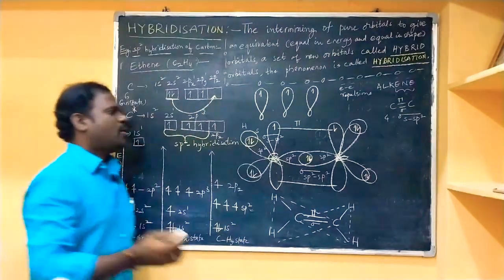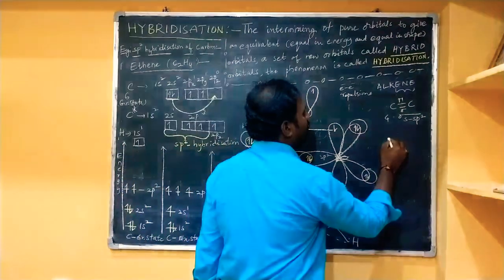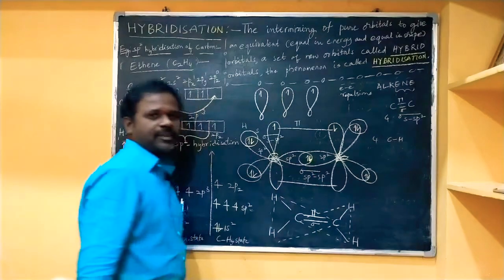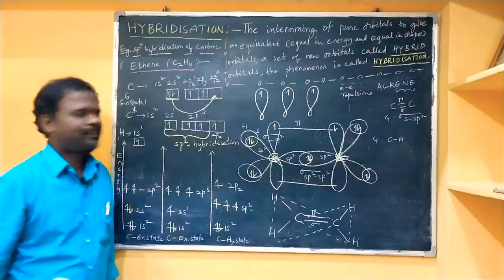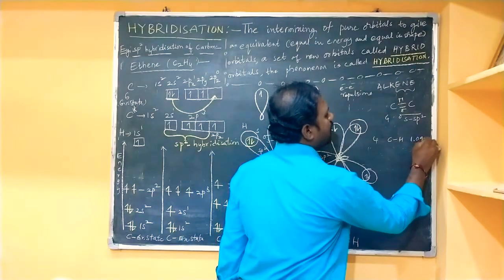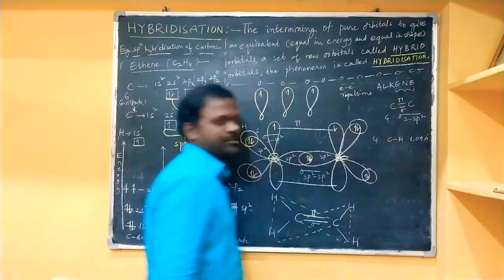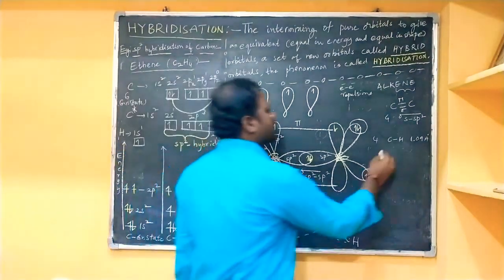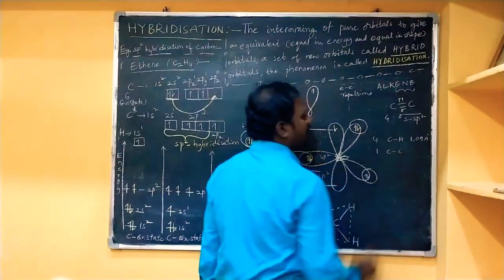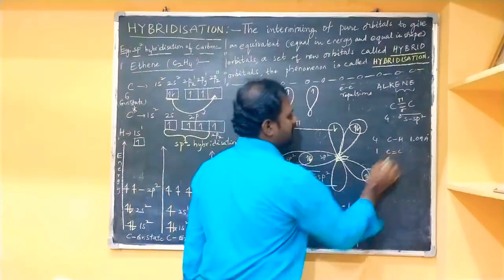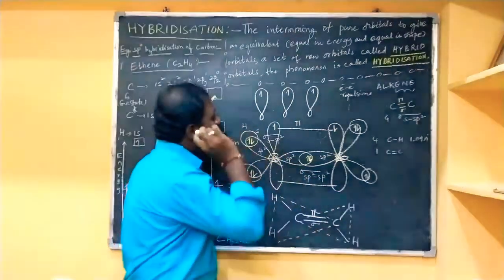What is the bond length? Here we have four carbon-hydrogen bonds, all the same, and the bond length is 1.09 angstrom units. And there is one carbon-carbon bond, a double bond that we represent with two bonds.